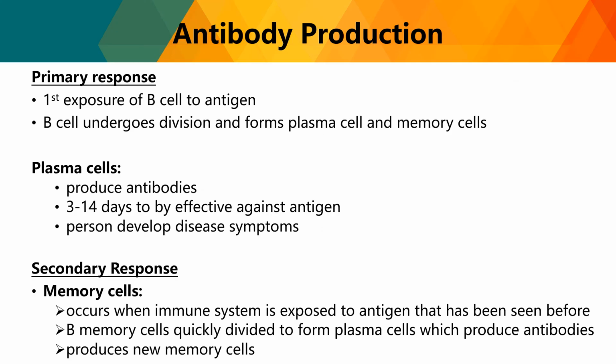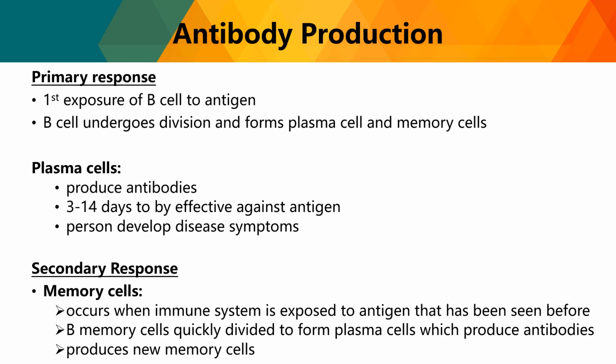So for the antibody production, of course, this is for primary response. This is the first exposure of B cell to antigen, and B cell undergoes division and forms plasma cells and memory cells. Plasma cells produce antibodies around 3 to 14 days to be effective against antigen, and persons develop disease symptoms.